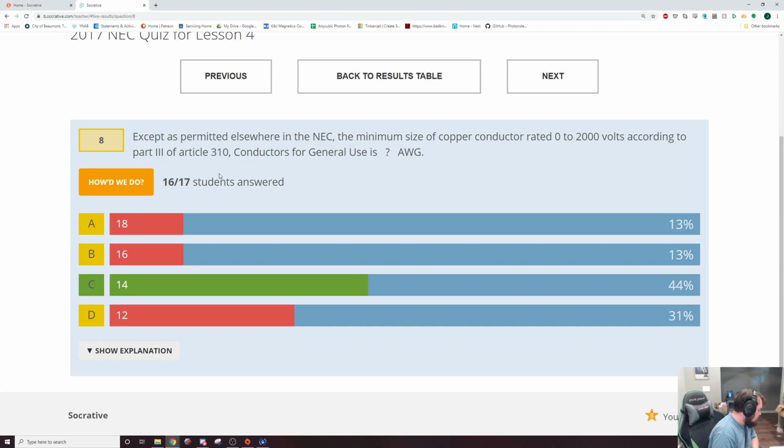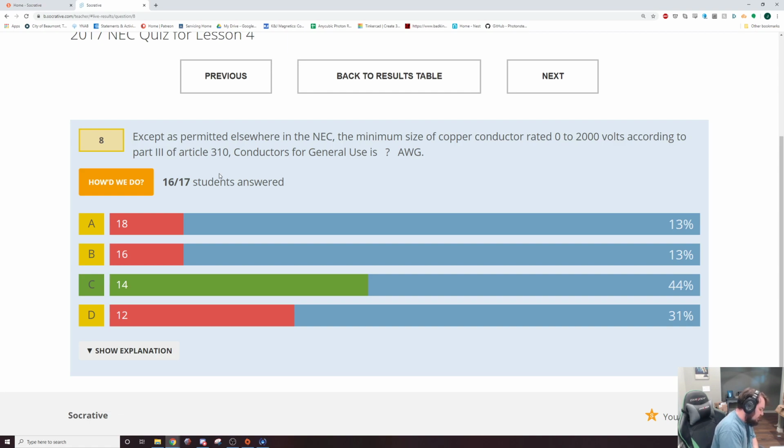Should be conductors for general wiring. And I would look up wire size is where I would start looking things up.